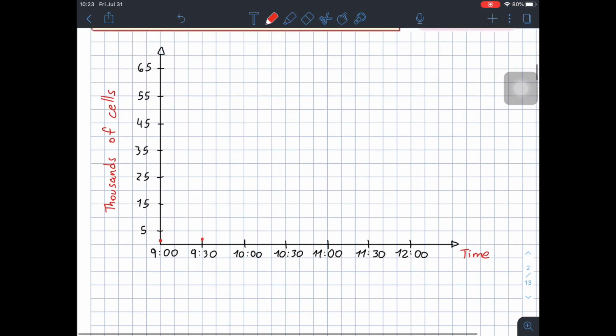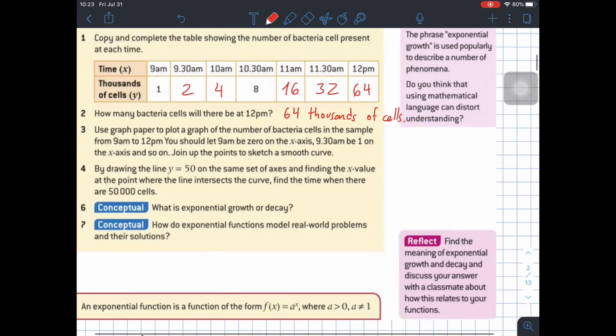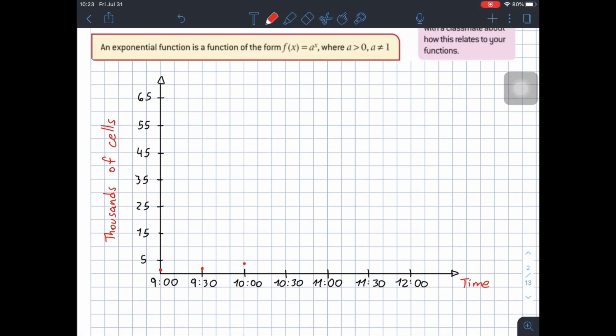Then we have 10 a.m. 4, that's somewhere around here. 10:30, we should have 8, that's already around here. Then for 11, I have 16, right? Doubles the 8, so that's somewhere around here. Then for 11:30, I should have 32, somewhere around here. And finally, for 12, I would have 64, which is somewhere around here.